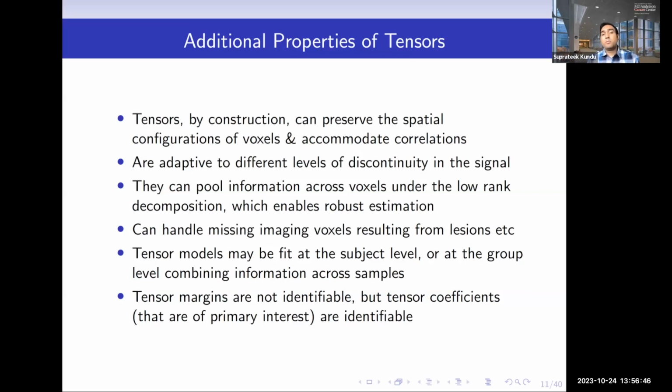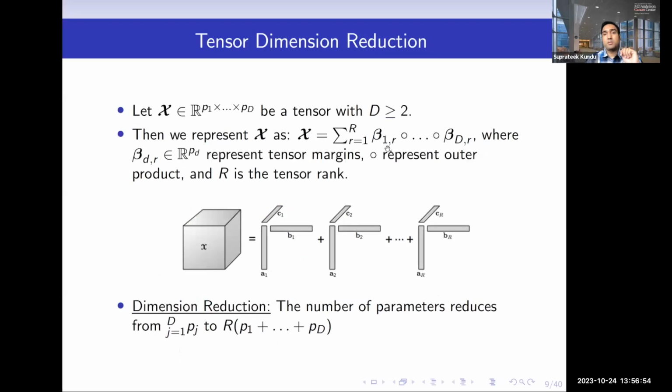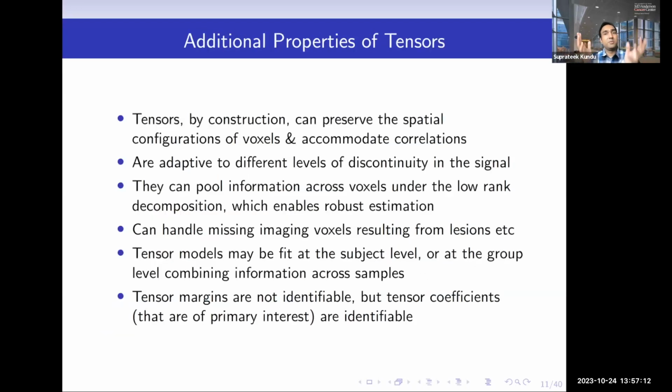And tensors have these inherent low-dimensional objects like tensor margins that I just mentioned in the slide here. These betas are the tensor margins. So these tensor margins are not identifiable, but this outer product, the stripped X, this tensor, is in fact identifiable. So there are some identifiability issues here, but this lack of identifiability for the tensor margins really doesn't affect us, because what we really are interested in is the overall tensor margin.